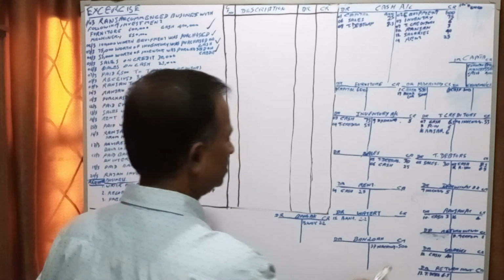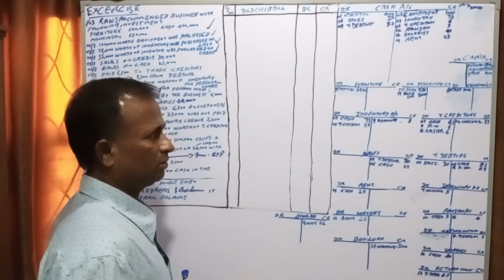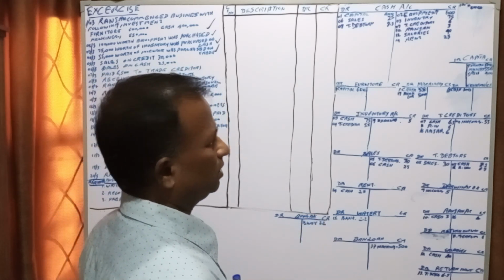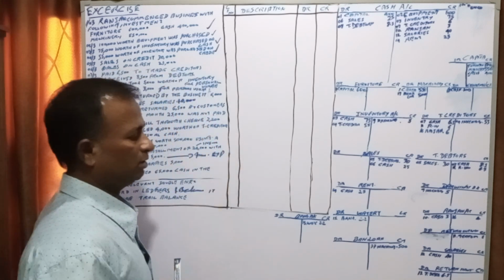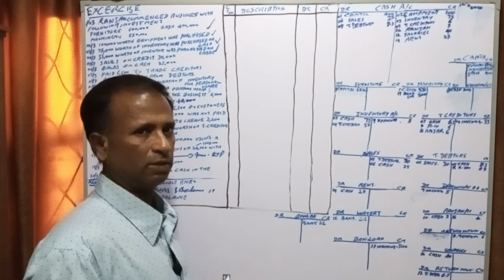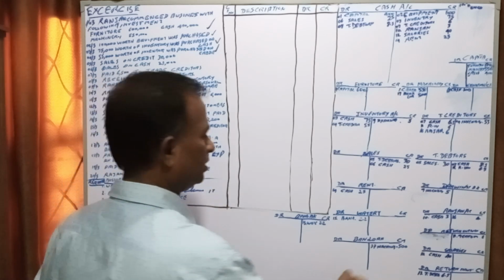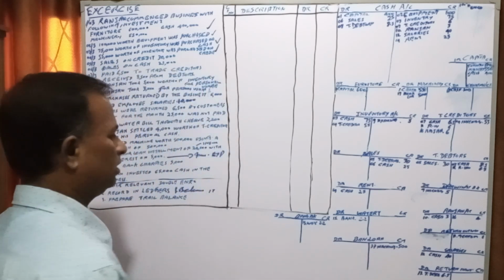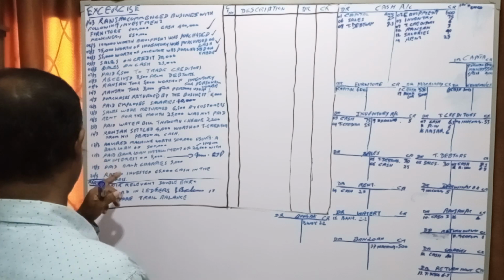Machinery is an asset coming to the business, increasing the assets, so debited, and the bank loan is a liability, it is increasing, therefore it is credited. Okay, adjustment 17th March also completed.